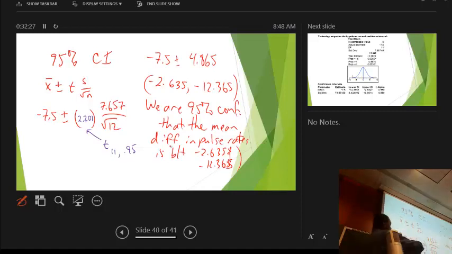okay, so we're going to say that we're 95% confident the mean difference in pulse rates is between negative 12.365 and negative 2.635.